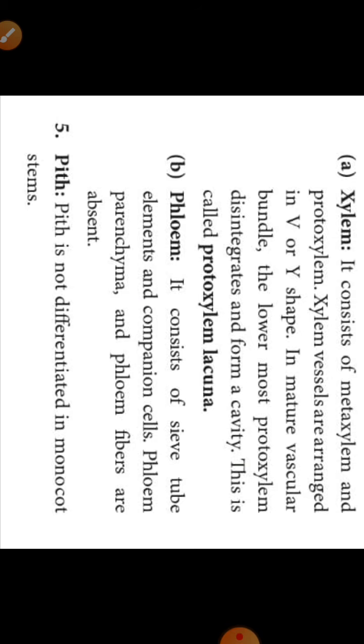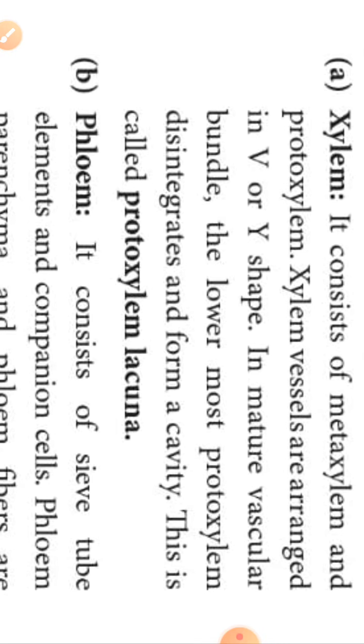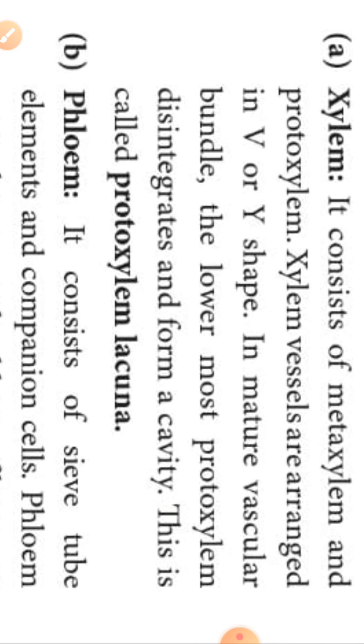Xylem consists of metaxylem and protoxylem. Xylem vessels are arranged in V or Y shape in a mature vascular bundle. The lowermost protoxylem disintegrates and forms a cavity. This is called protoxylem lacuna.